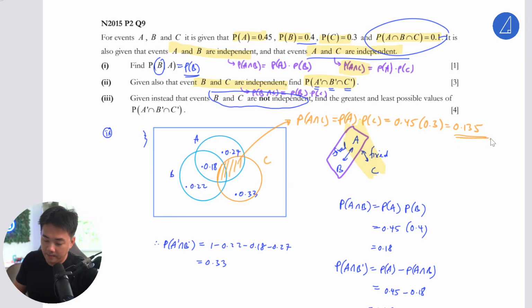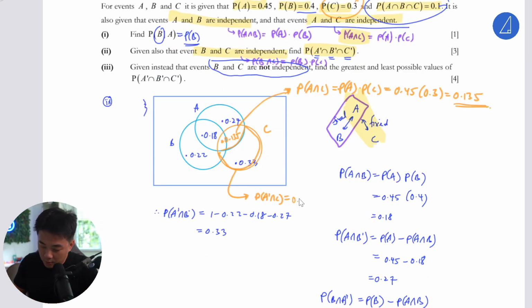Which is actually 0.45 multiplied by 0.3. 0.135. Okay, then after which you know, because P(C) is 30%, so this entire thing, this area overlapping here, will be 0.135. So because P(C) is 30%, you take 30%, you find out what is this area here, which is actually 0.3 minus 0.135.